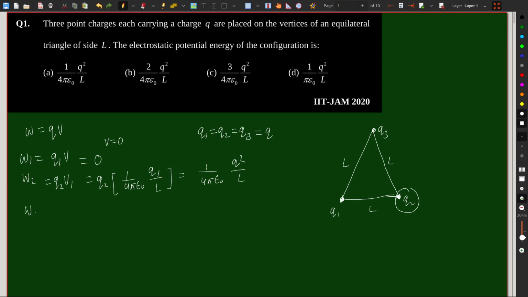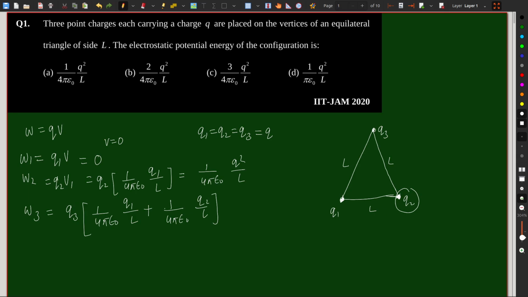And W3 will face potential due to Q1 and Q2, both of the charges. So Q3 and the potential due to Q1 is 1 upon 4 pi epsilon naught Q1 over L, since it is L distance apart from Q1, plus 1 over 4 pi epsilon naught Q2 over L, again L distance apart from Q2.